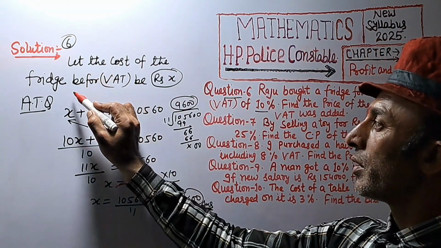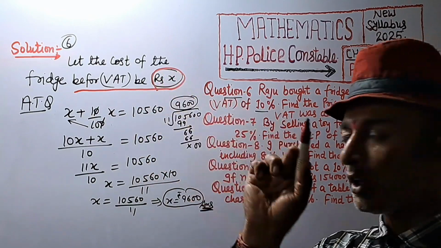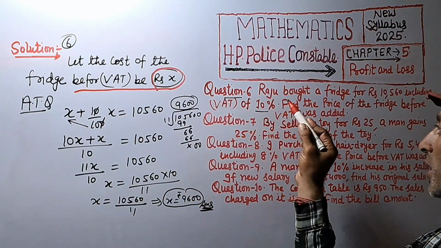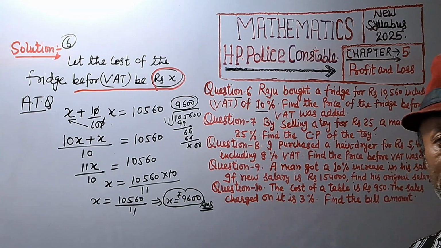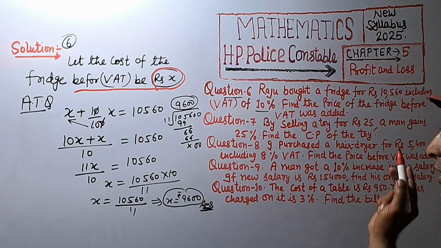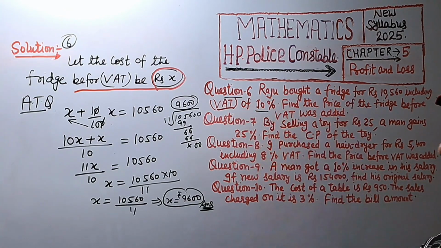Let the cost of the fridge before value added tax be rupees X. According to the question, Raju bought a fridge for rupees 10,560 including value added tax of 10%.